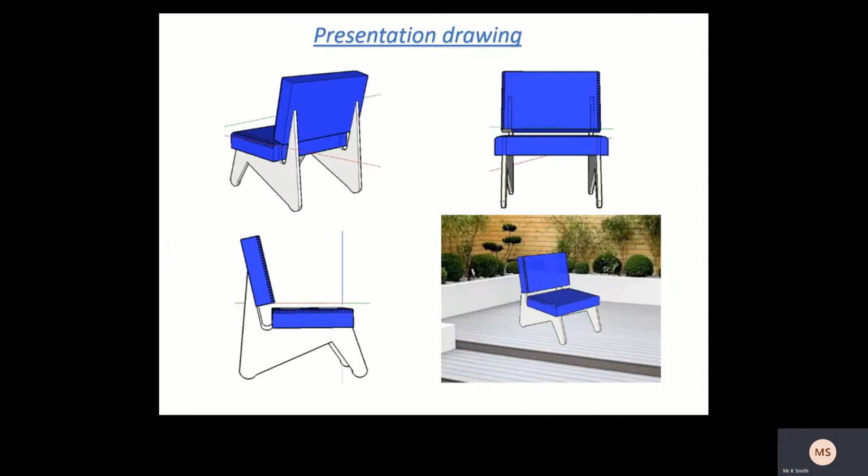I've used Google Sketchup combined with Adobe Photoshop to draw my design, and then I've deleted the bits of background and so on. I could easily delete these and make them look better, but I left them in just for speed's sake. And then I superimposed an image into a background. I want it to be an outdoor piece of furniture, so I've superimposed it into this background.